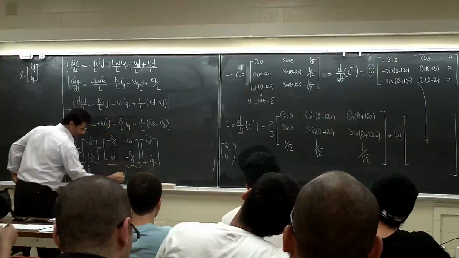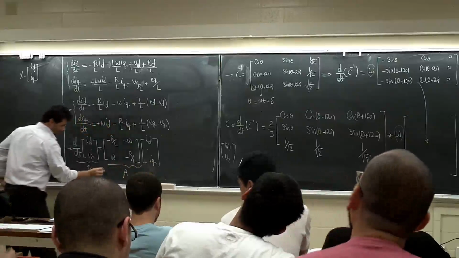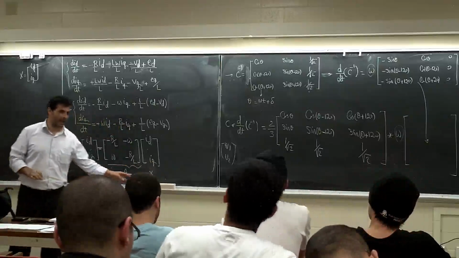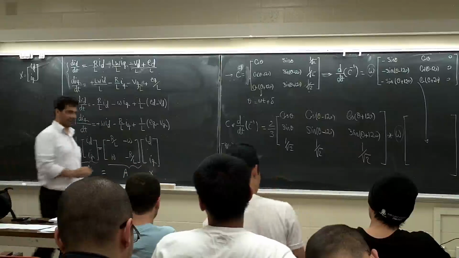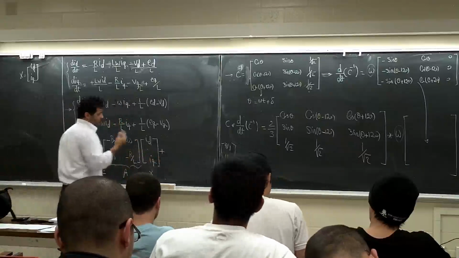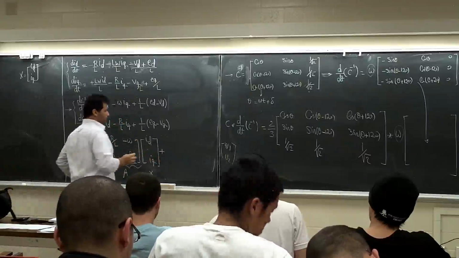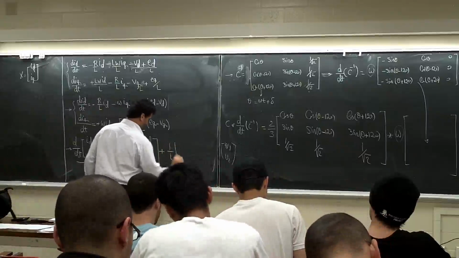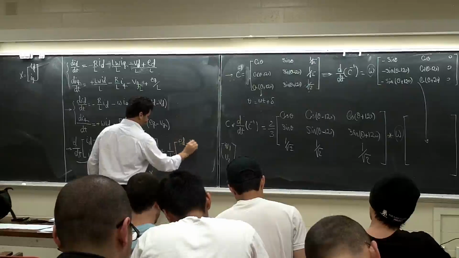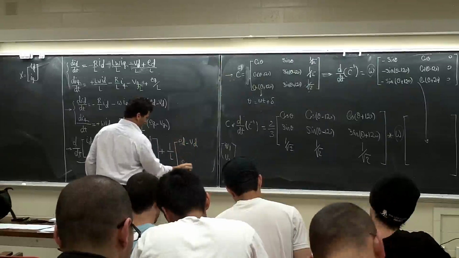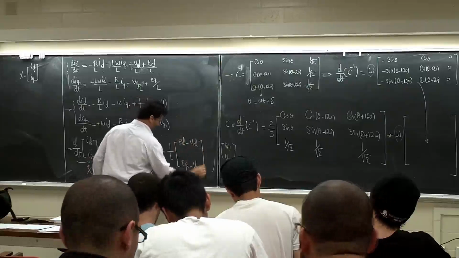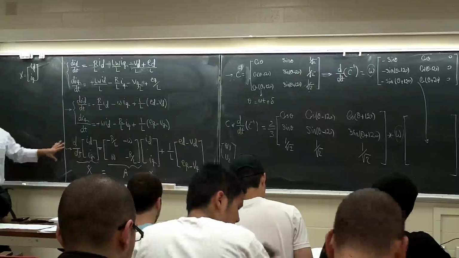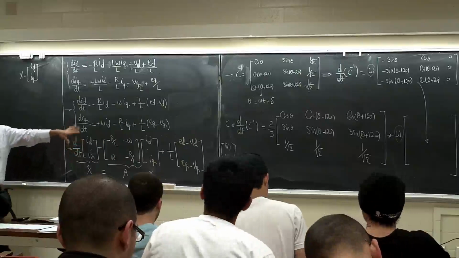Basically this is A and this is x. So x dot is equal to Ax plus Bu. This is the state space form of these equations.